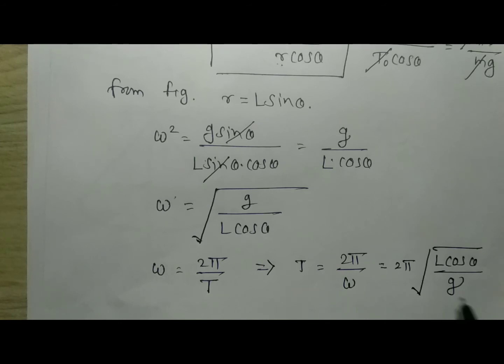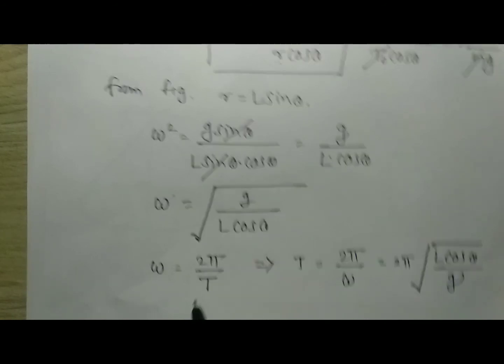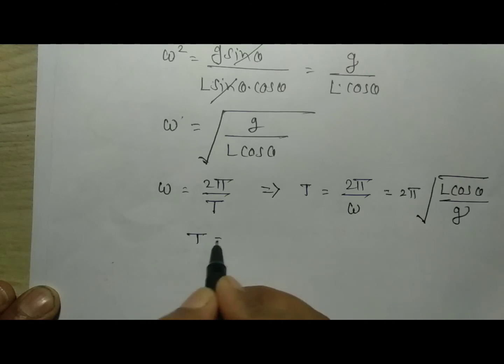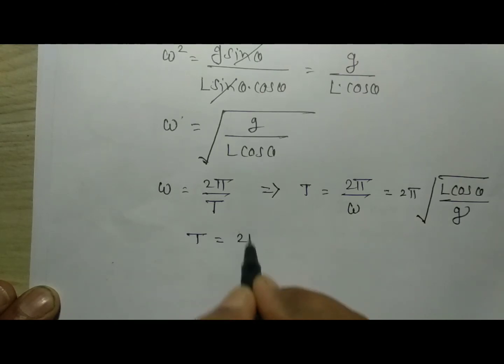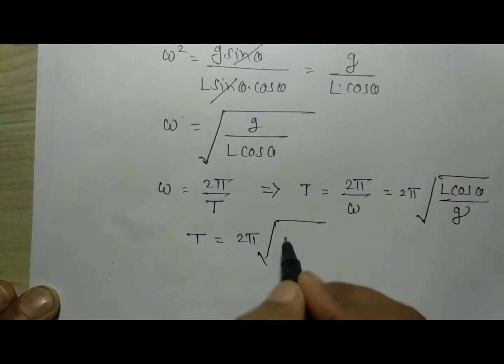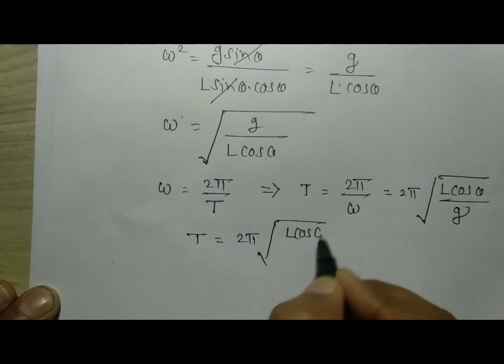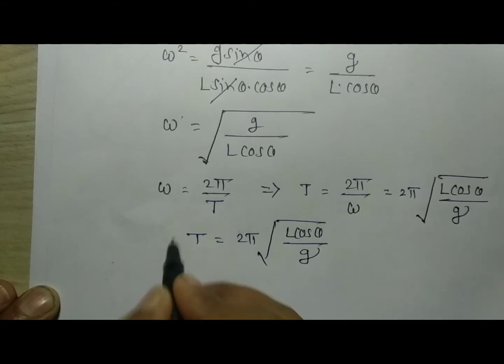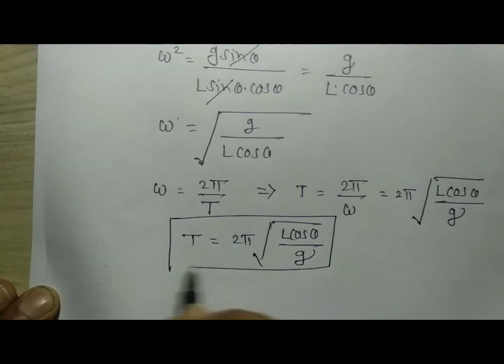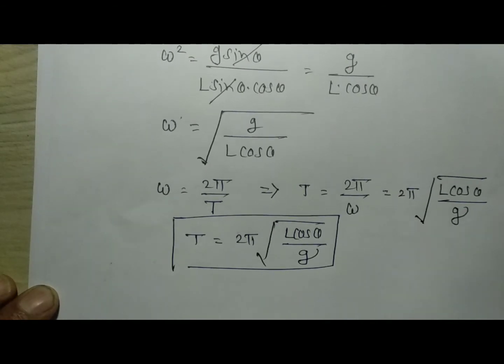Therefore, T is equal to 2 pi into the square root of L cos theta divided by g. This is your equation related to the time period of the conical pendulum.